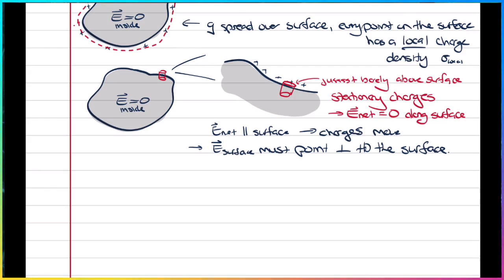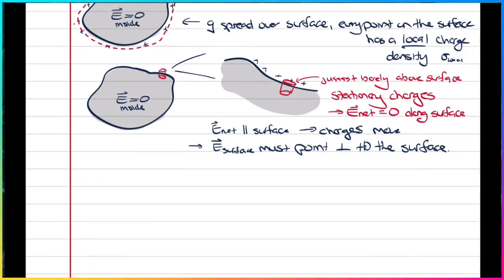That would be a contradiction. We said they're not moving, which means any electric field on the surface must be pointing perpendicular to the surface. So the electric field must, at every point along the surface, make a 90-degree angle with it.